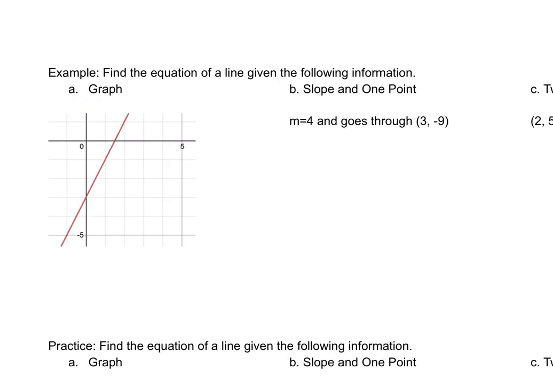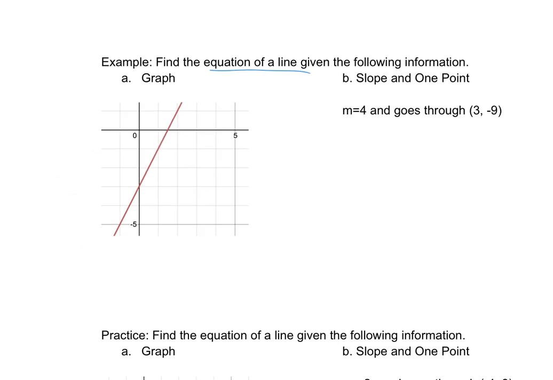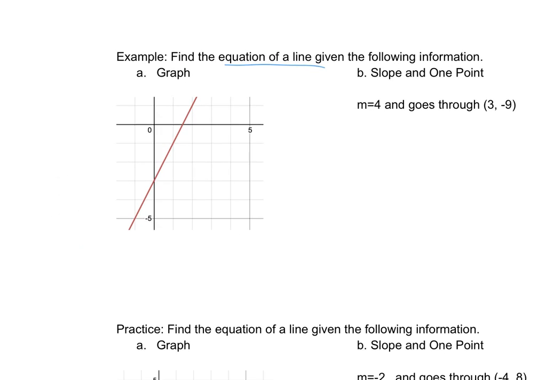Okay, so what we want to do is find the equation of a line given the following information. Now, we have a graph. So let's find the equation. For the graph, it is often easiest if you can find y equals mx plus b. So m is the slope, b is the y-intercept. My y-intercept is the point where the graph crosses the y-axis. So that's negative 3, or subtract 3. And then remember to find the slope on a line, there are multiple ways to do it.